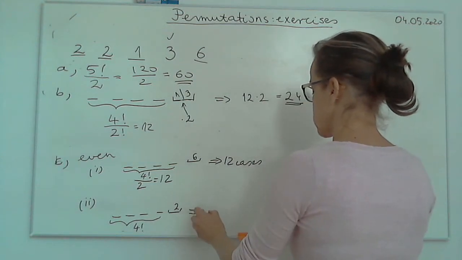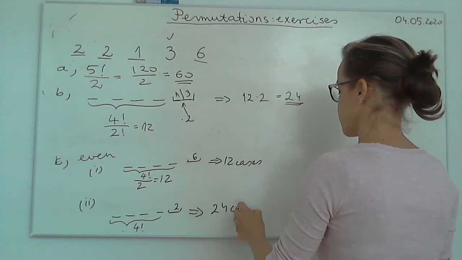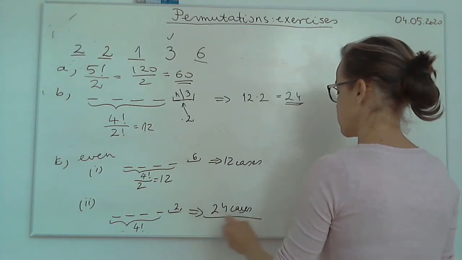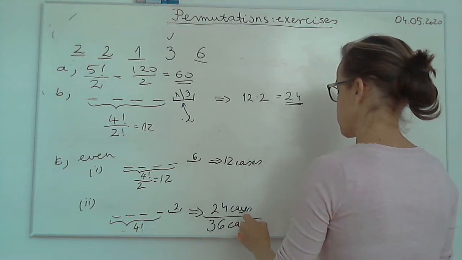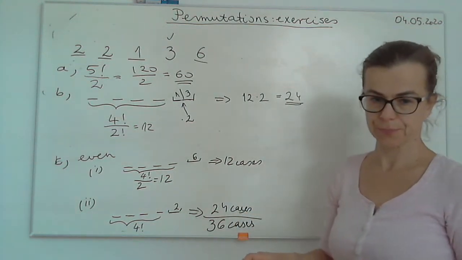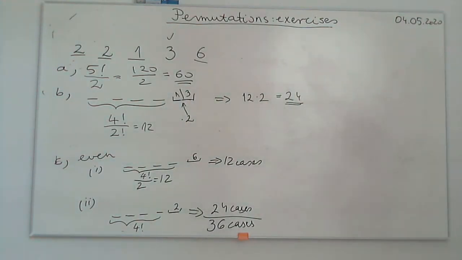So in this case, I have 24 cases, which altogether gives me 36 cases for the even numbers. Okay? I hope it's clear that you couldn't solve it together, so that you don't differentiate between the 2 cases.